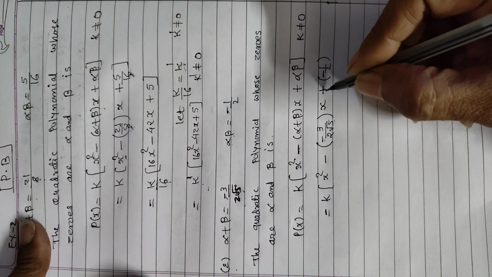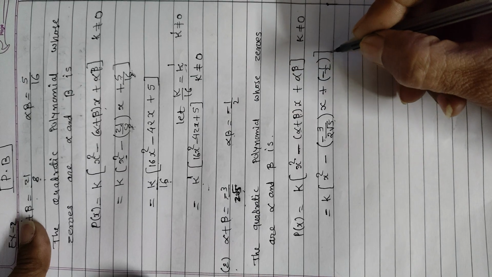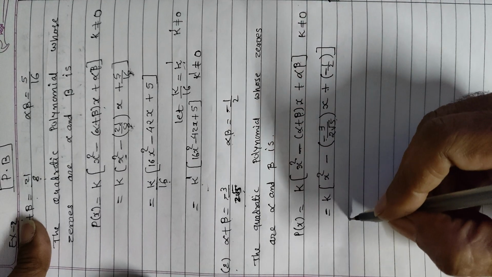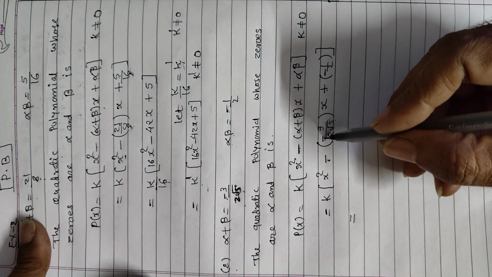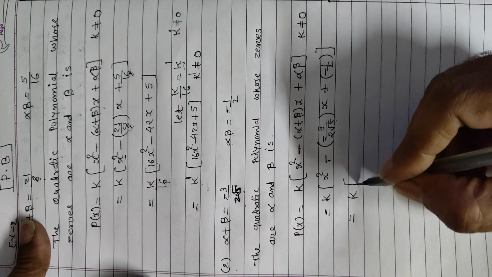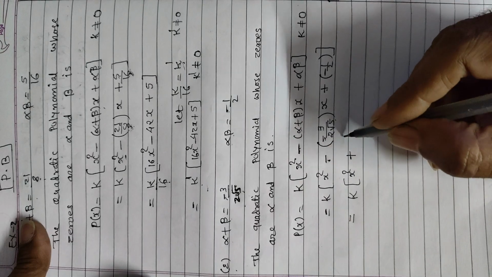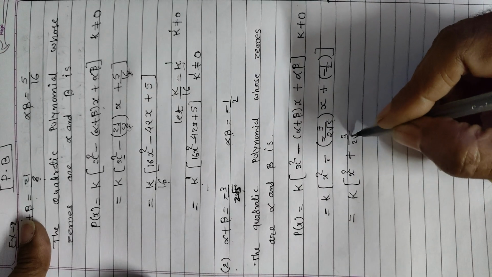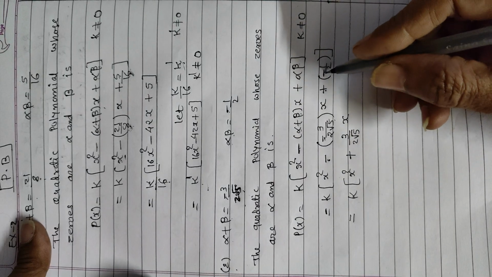Minus is written, so plus sign and bracket minus 1/2. Minus times plus, so k x square plus 3 upon 2 root 5 into x plus minus.